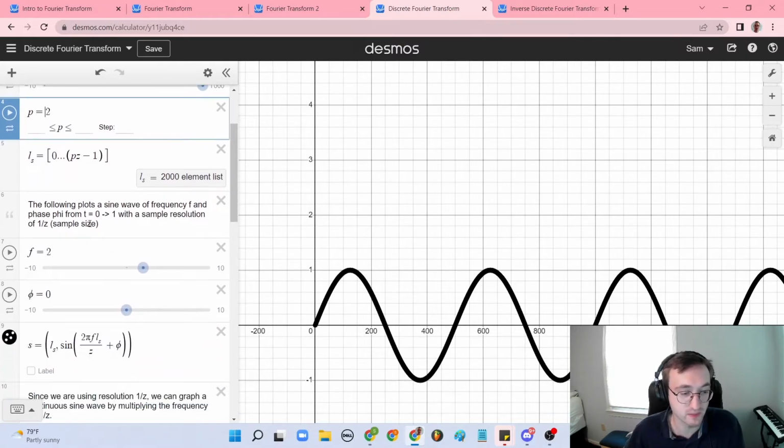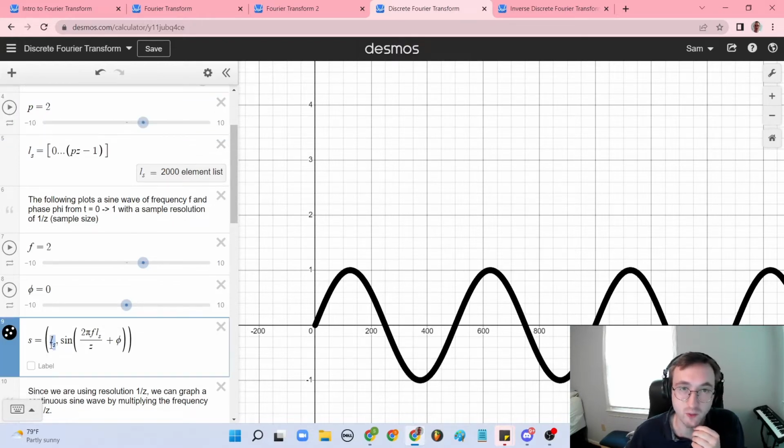And basically, I'm going to plot a discrete wave, which you can do in Desmos by just using it sort of like a point, and then this is basically like a for each type loop. And I have each point here, and then I have 2 pi times the frequency of 2, and then times that point's value, which is essentially the x value, now divided by z.